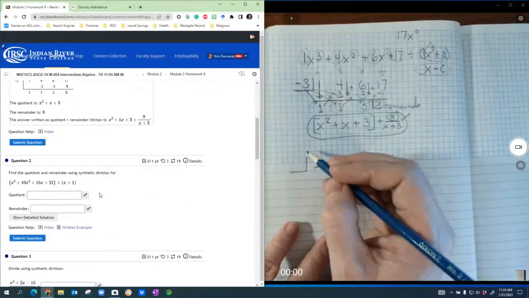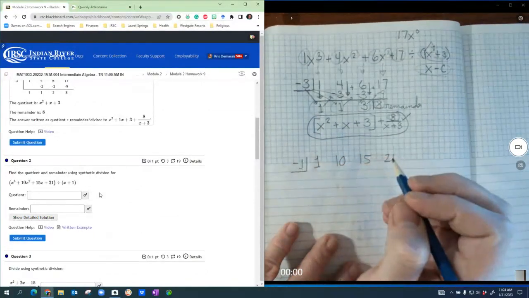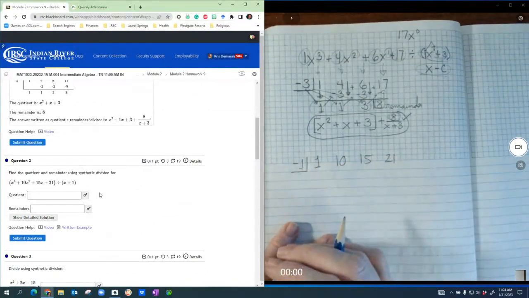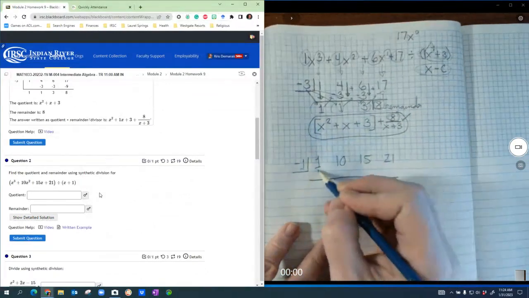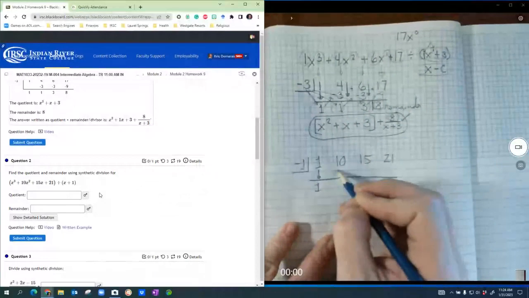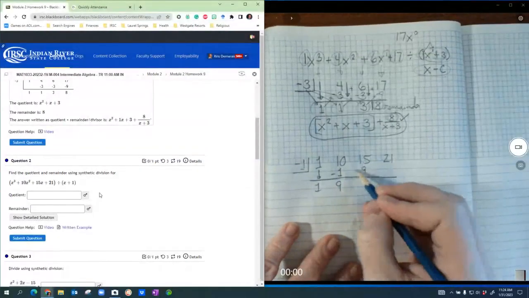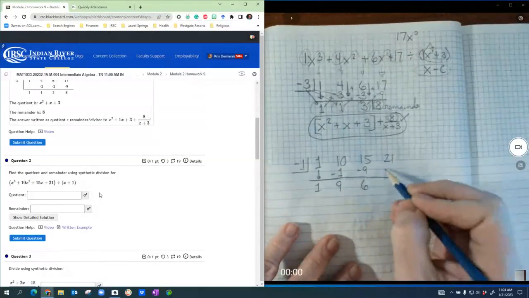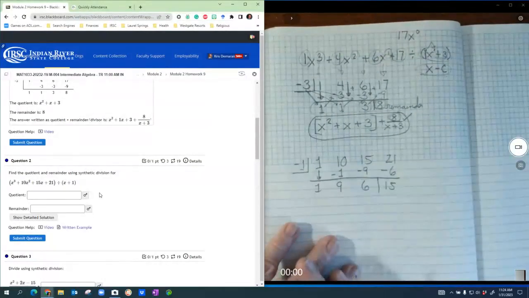It's x plus 1, so I'm going to put negative 1 for what we're dividing by. Now we go ahead and put a line. Drop, multiply, add, multiply, add, multiply, add, and there's our remainder.